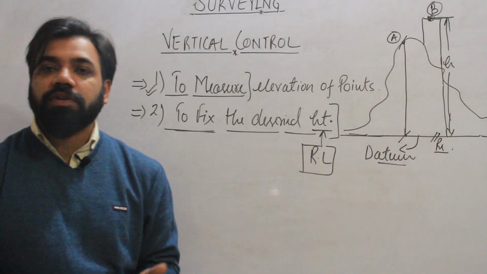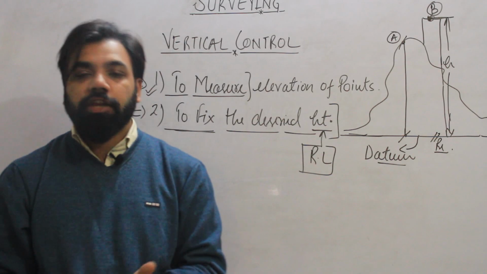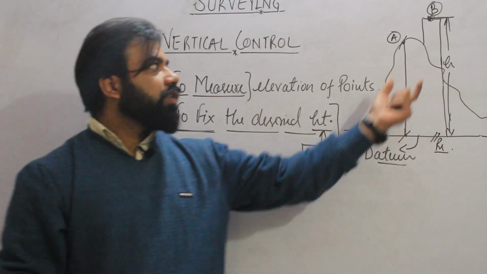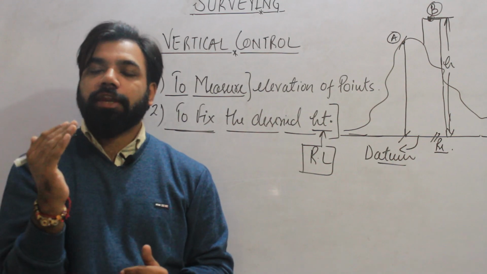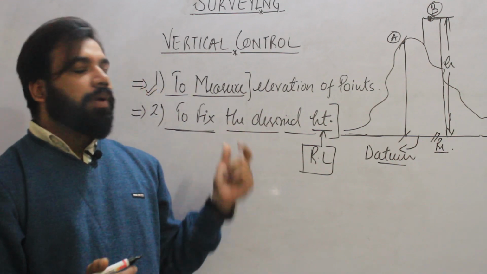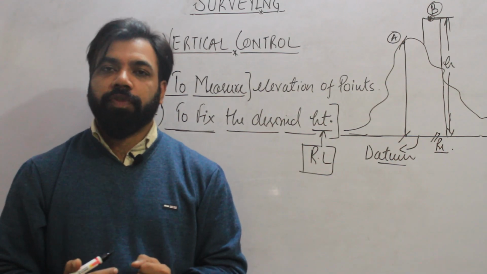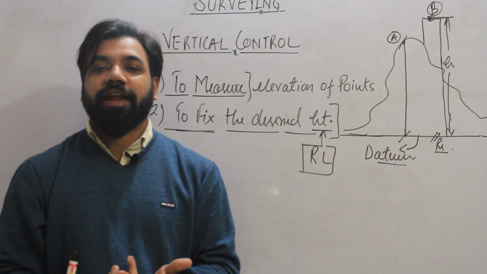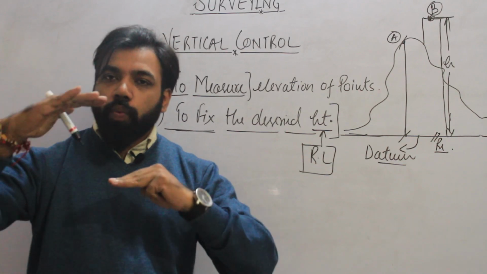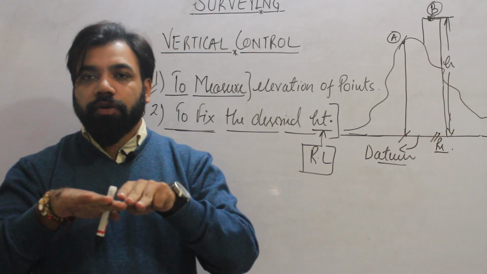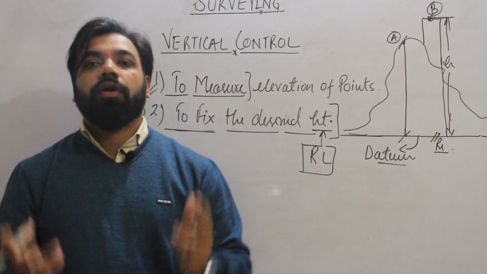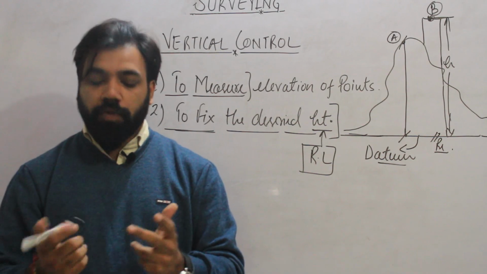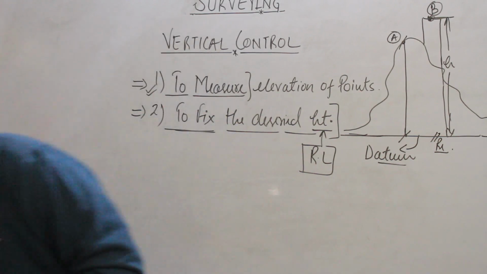Suppose we are going to construct a building project in nearby areas. Fixing the height of a building, or of any point on the building, is done by vertical control. Or you can understand it as measuring the vertical height with respect to any reference in the ground, which comes under vertical control. So move on to the next point.